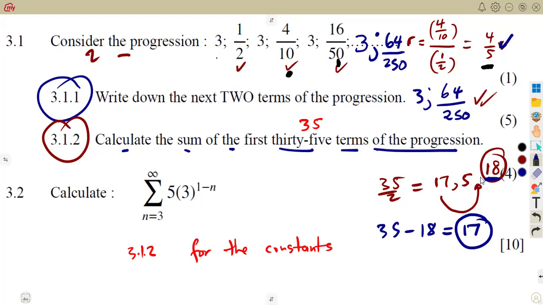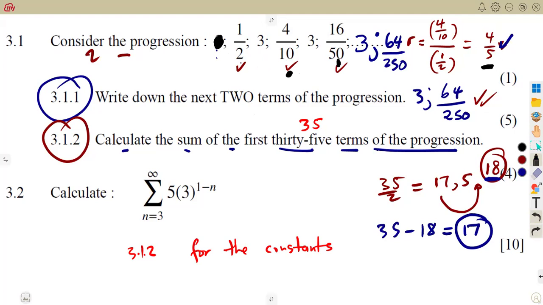So these constants, since we are starting with the constants, if our sequence was starting with, let's say, 1 over 2, followed by 4 over 10 like that, it means those ones with a common ratio of 4 over 5 were going to be 18, and then the constants, because they are the ones that are following, were going to be 17.